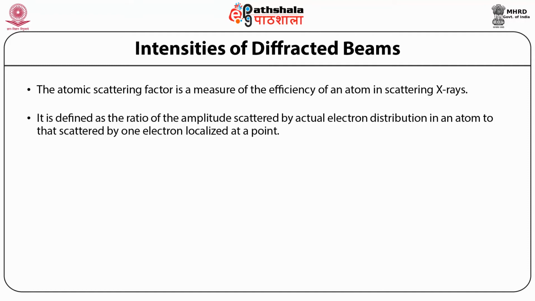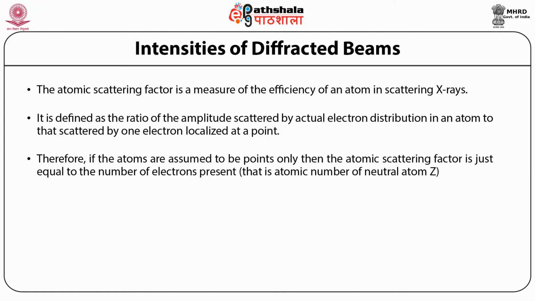It is defined as the ratio of the amplitude scattered by the actual electron distribution in an atom to that scattered by one electron localized at a point. Therefore, if the atoms are assumed to be points only, then the atomic scattering factor is just equal to the number of electrons present, that is, the atomic number Z of the neutral atom.